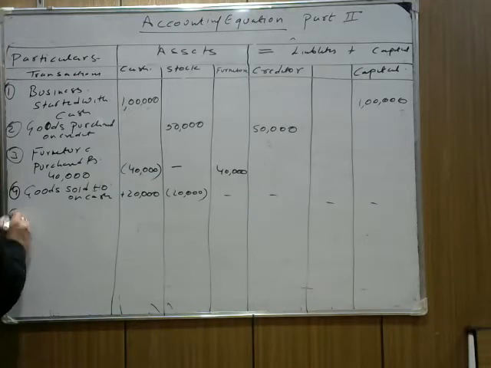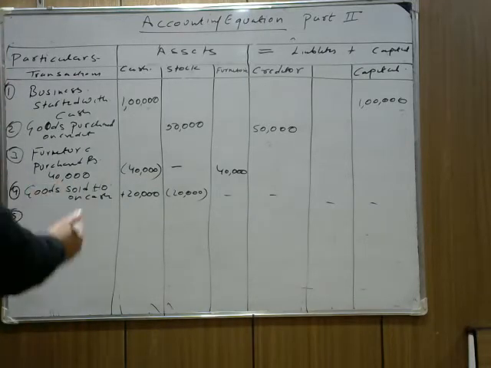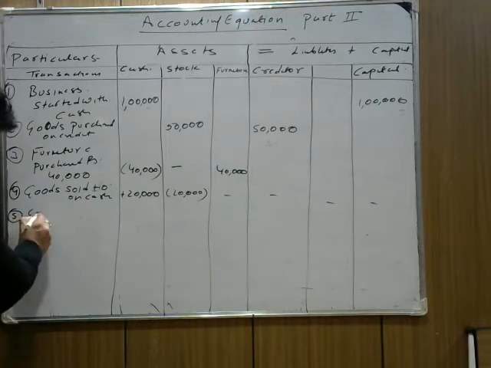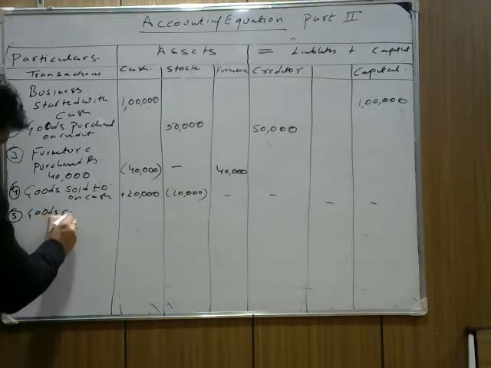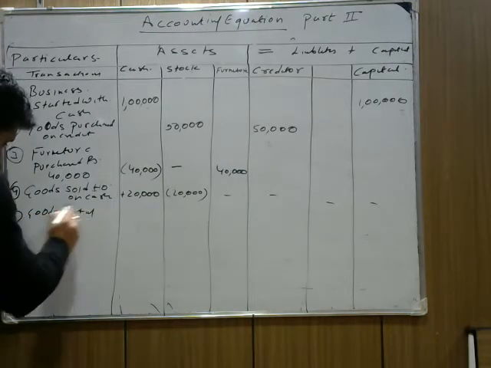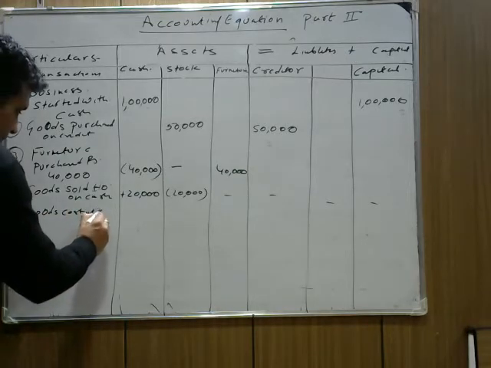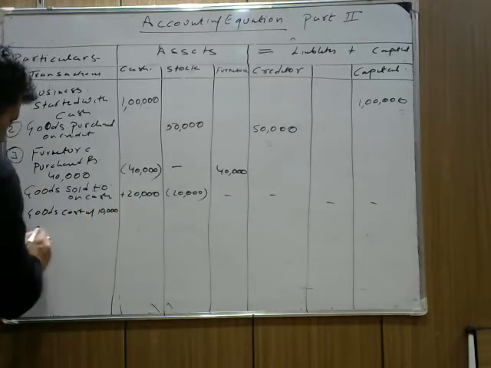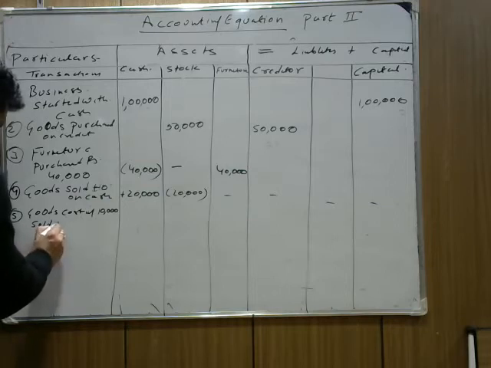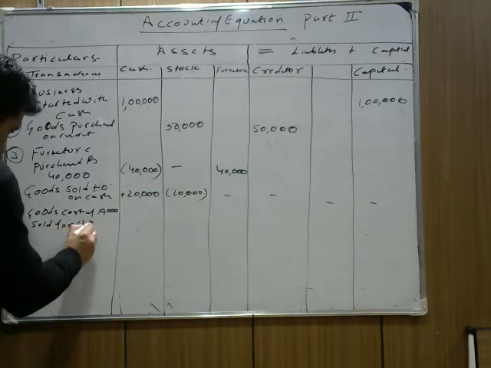Transaction number 5. It says that goods costing 10,000 sold for 12,000.